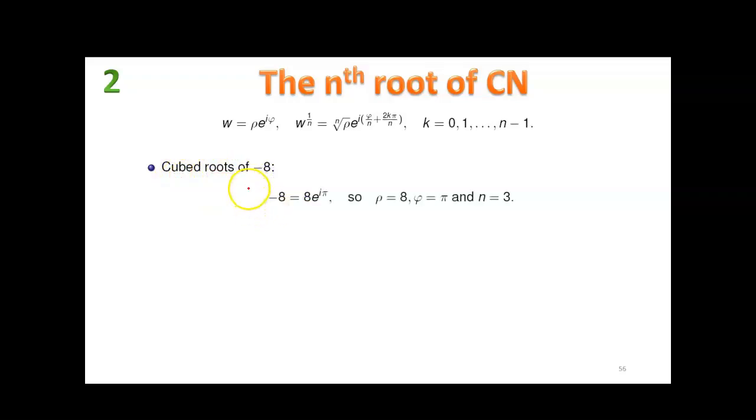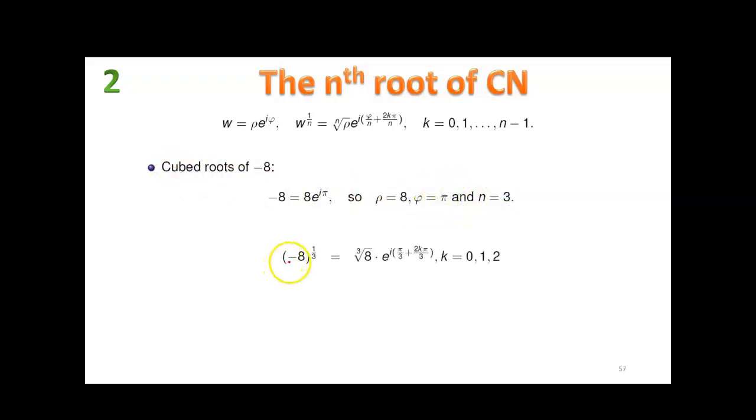This number, minus 8, in polar form can be expressed as 8 times e to the power i pi, where rho is equal to 8 and phi is equal to pi, and as we are interested in the cube root, n is equal to 3.